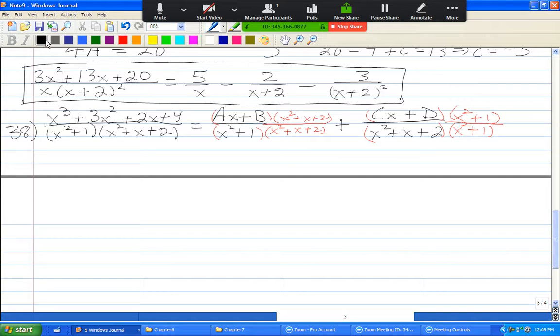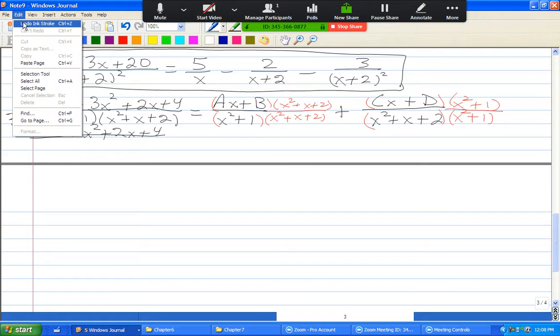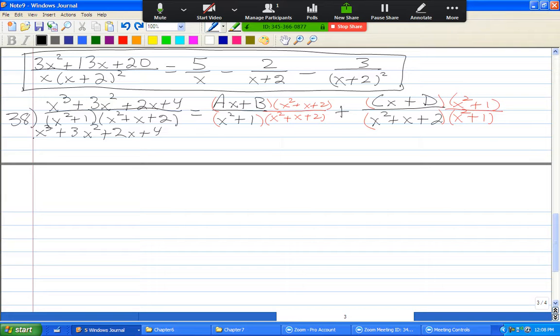Okay, so I can probably write it here. x cubed plus 3x squared plus 2x plus 4 over x squared plus 1, x squared plus x plus 2. I'll probably have to do this in 2 stages.